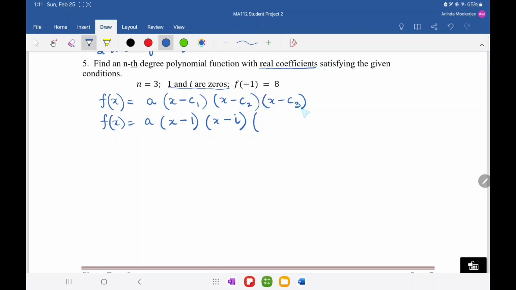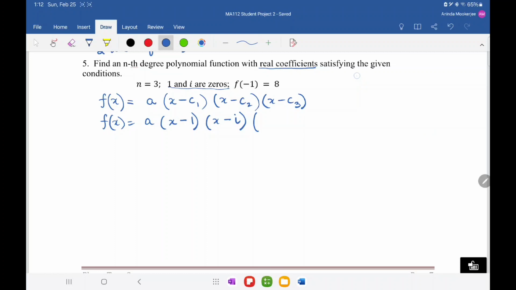And then what do I do about c3? Here we have been given just 2 values. I need a value for c sub 3. Now, recall that we learned before that when the polynomial has an imaginary value as a zero, then by default its conjugate is also one of the zeros of the function.